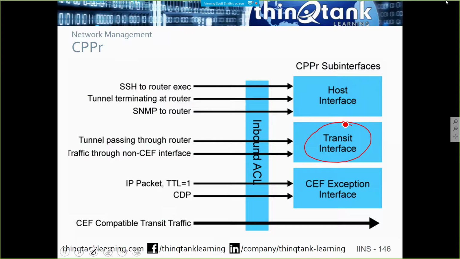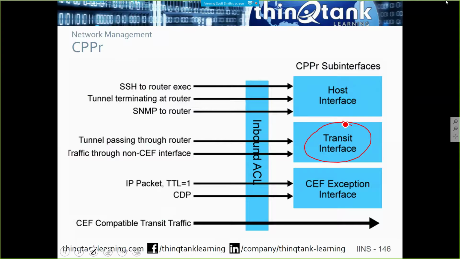And then we have fast switching. Fast switching is where the first data packet in the flow goes through process switch. And then we create these caches in memory of that flow information. So the remainder of the packets that are part of that flow get switched through the data plane without ever having to go up to the control plane.